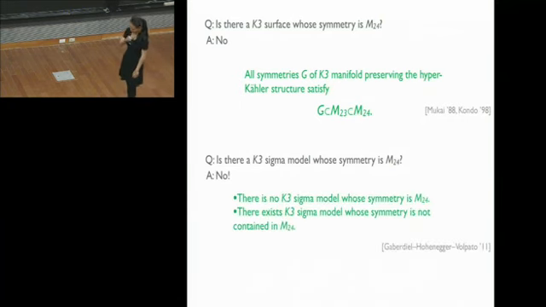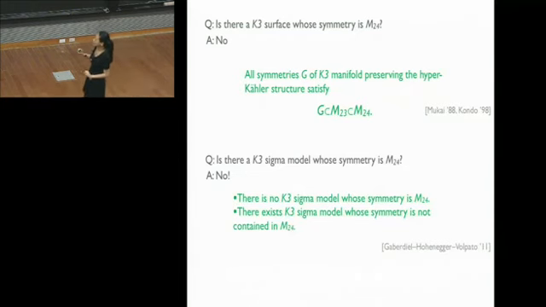That's a very reasonable guess, but inspired by this observation between the K3 elliptic genus and M24, the three gentlemen studied this problem, and they concluded that there exists no sigma model of K3 whose symmetry is M24.